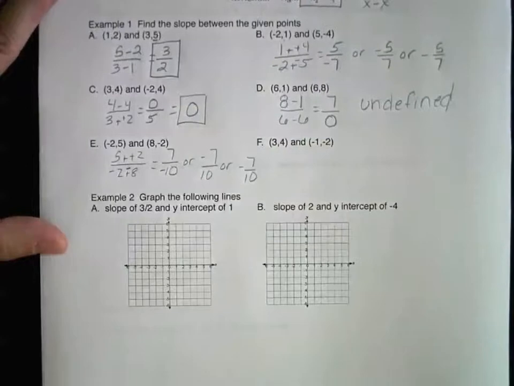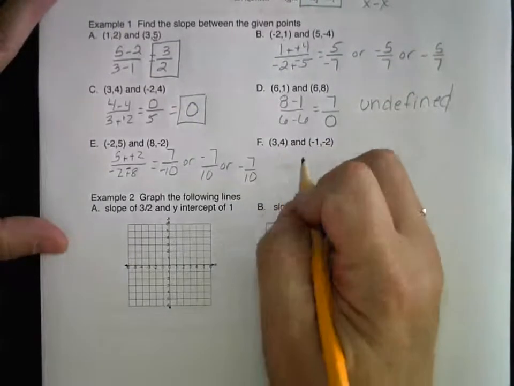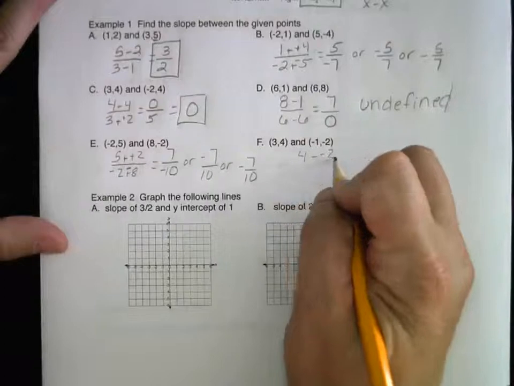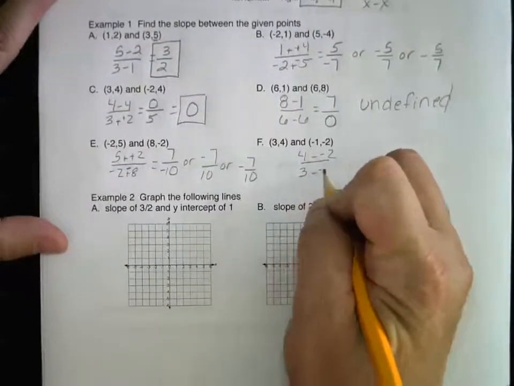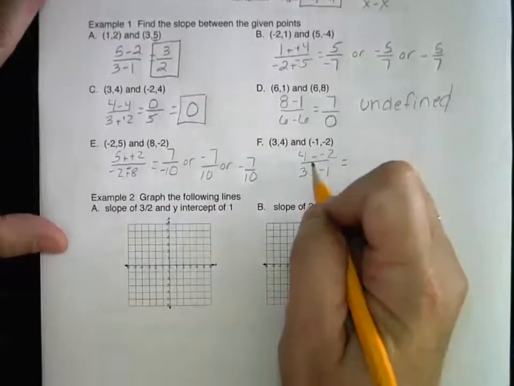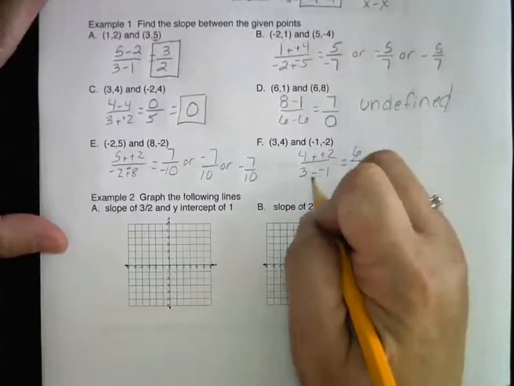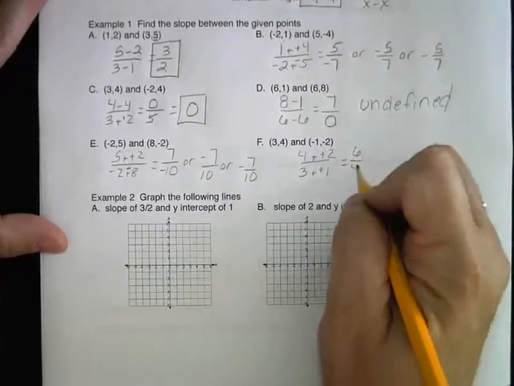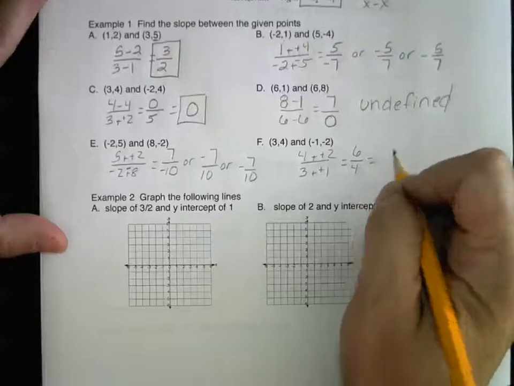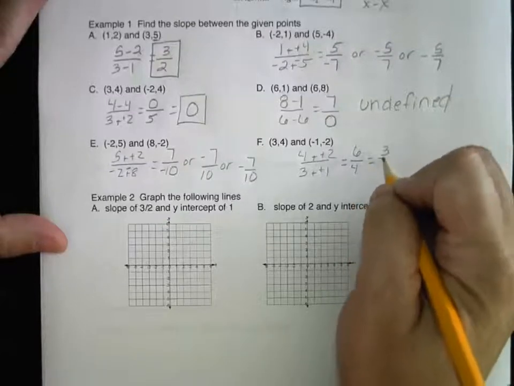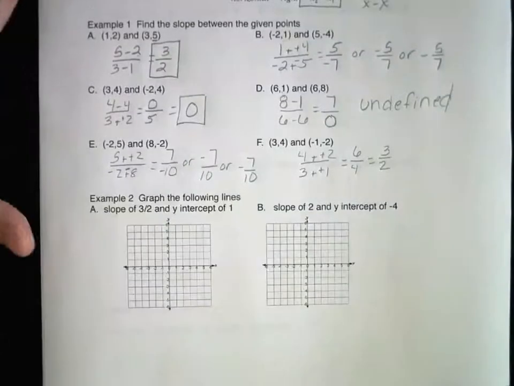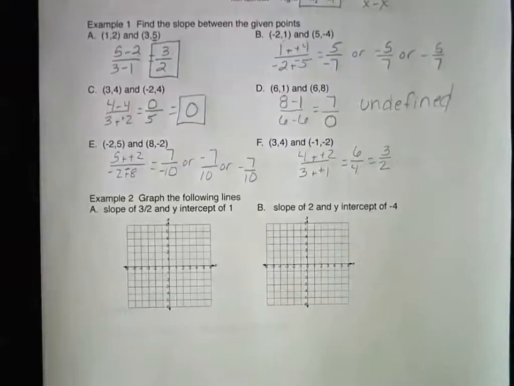They all mean the same thing. And letter F, 4 minus a negative 2 over 3 minus a negative 1. Subtracting a negative is the same as adding. And 6 over 4, those can both be divided by 2, and so you end up with 3 halves.